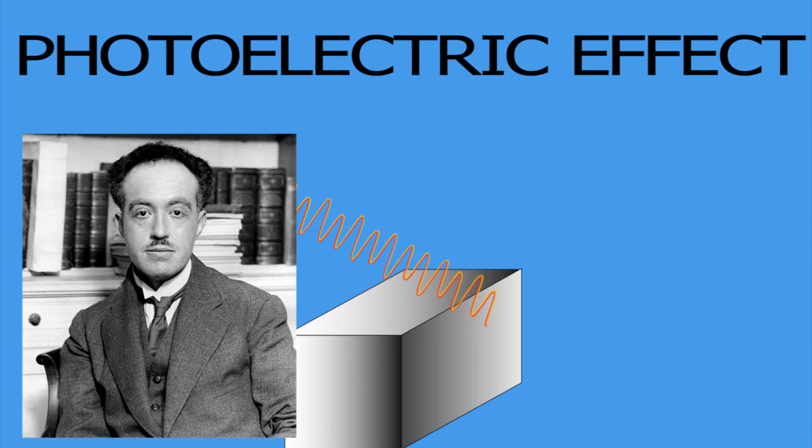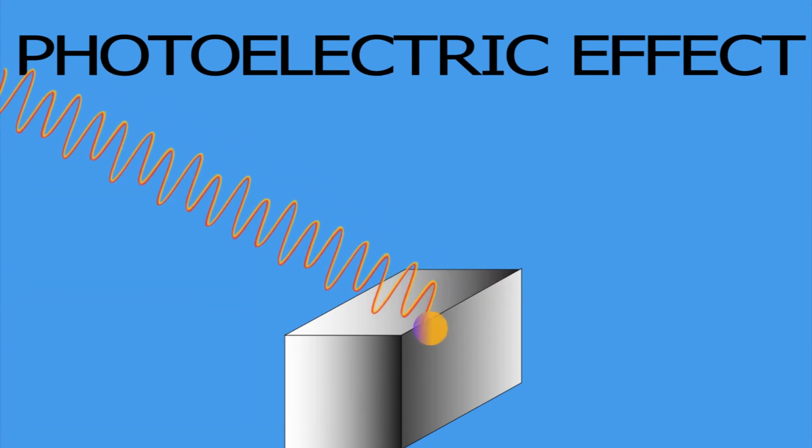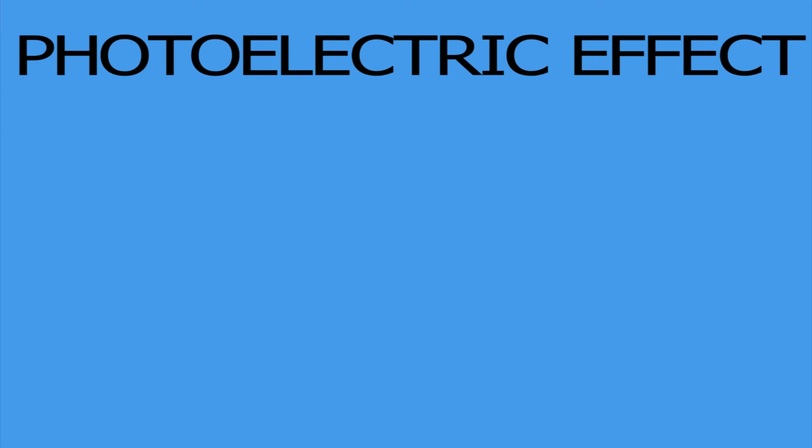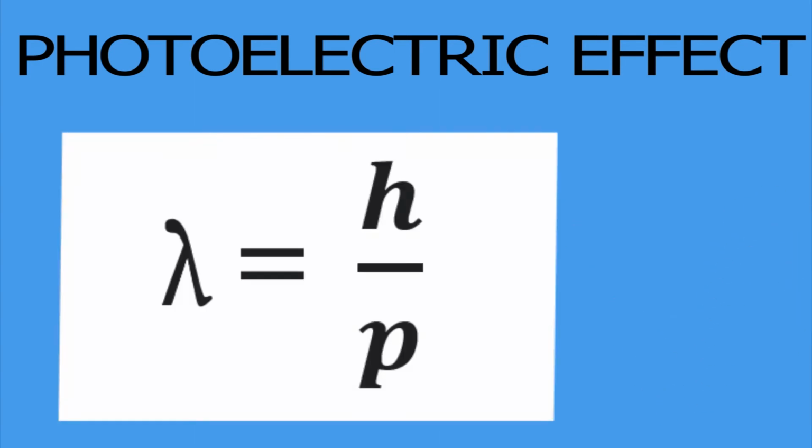He said, let's forget the light. What about the electron that pops out from the surface? Why can't the electron also have dual nature? Maybe a particle is a particle and also a wave at times. He figured out the wavelength of the particle, if at all it had one.